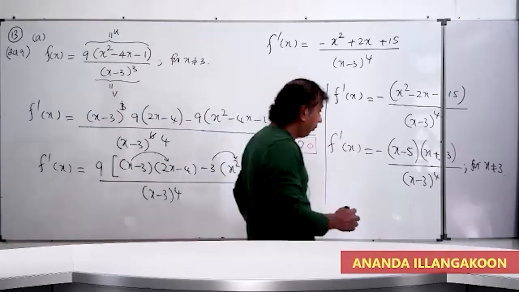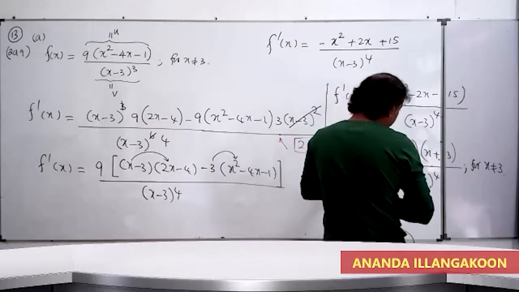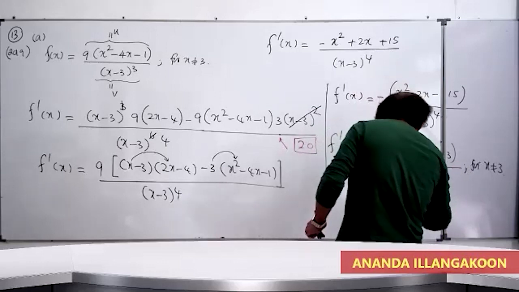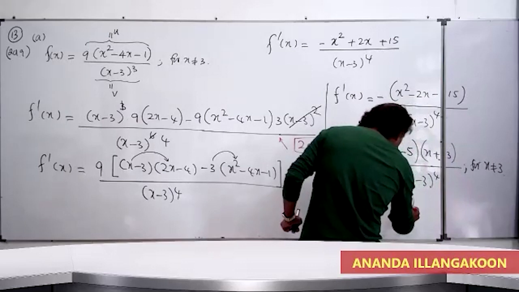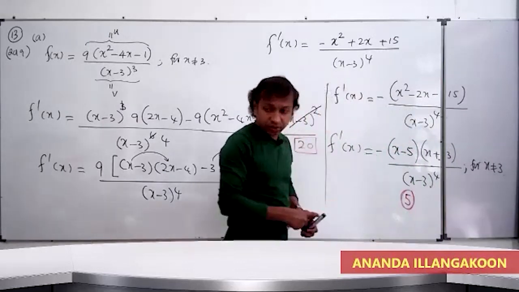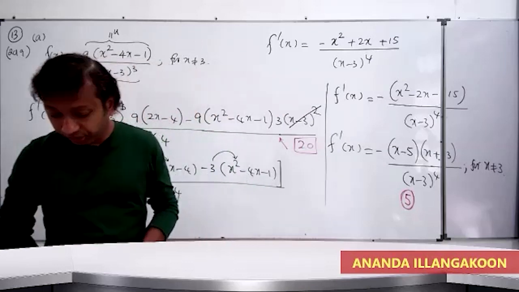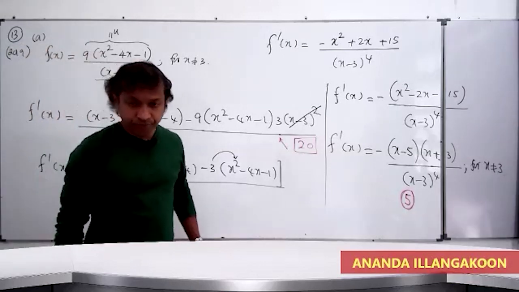So therefore, we have to write this x not equal to 3, right? x not equal to 3. So therefore, with this for x not equal to 3, another 5 marks given. Okay, 25 marks given for the first part.